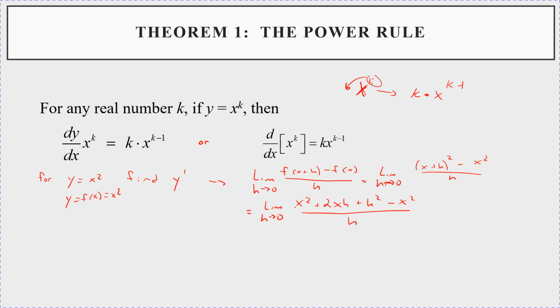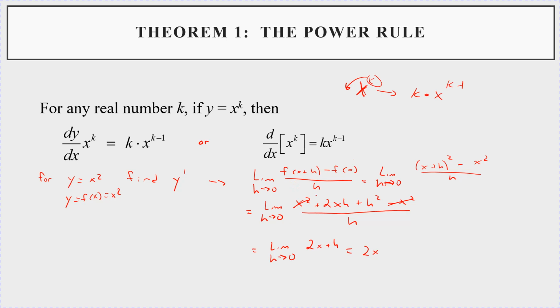Well, look what happens here. The x squareds cancel, an h factors out and you cancel, and you're left with the limit as h goes to 0 of 2x plus h. As h goes to 0, you're just left with 2x. So this is how you used to do it in the previous section, section 1.4.